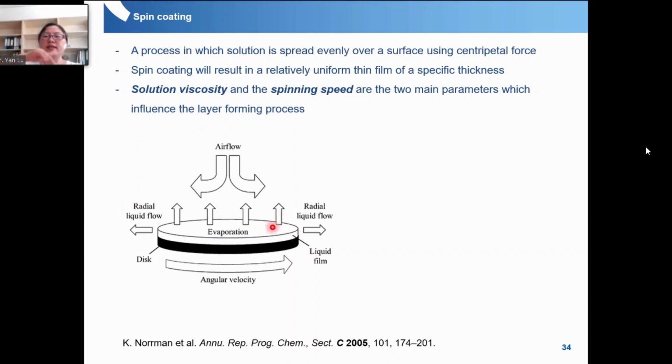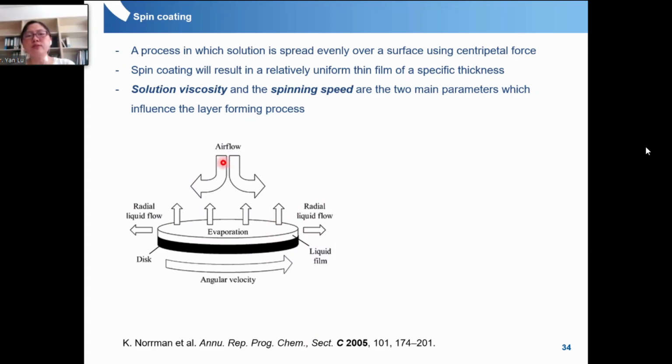The substrate is rotated at a certain speed. Then, after the rotation, the colloidal particles spread on the substrate, and meanwhile you dry the film and form a kind of homogeneous film on it.